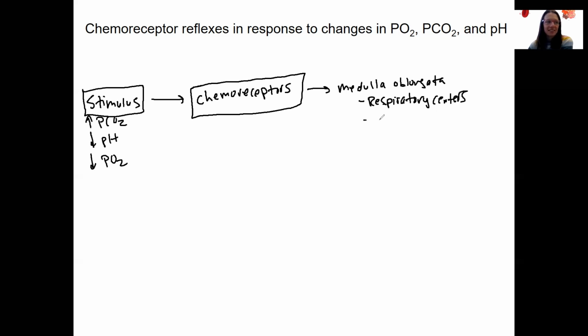and cardio-acceleratory center, and our vasomotor center. Okay, the result of targeting the respiratory center, so this is our integrator.